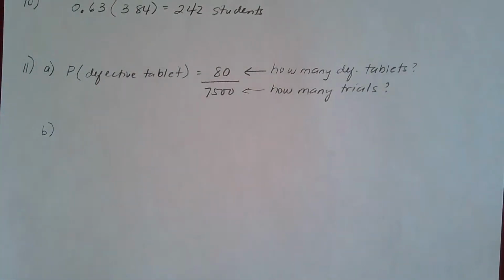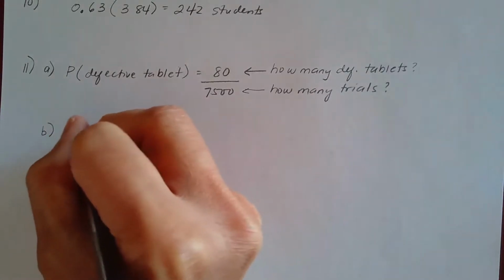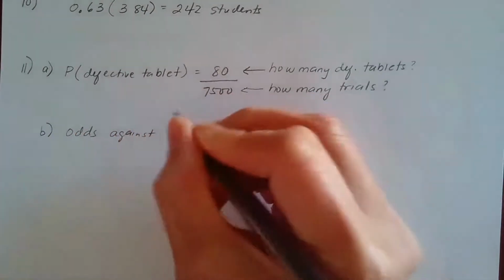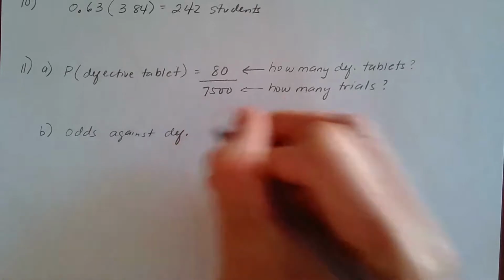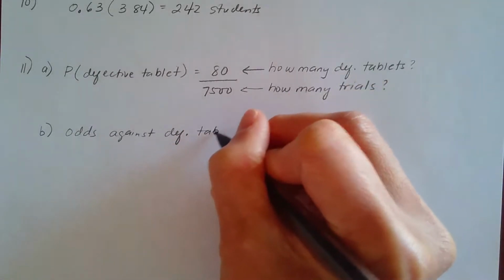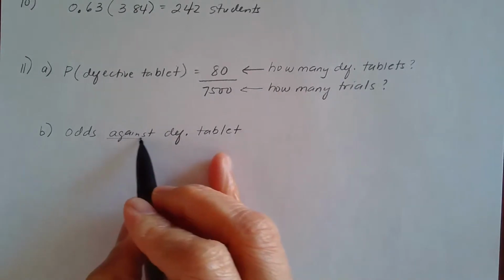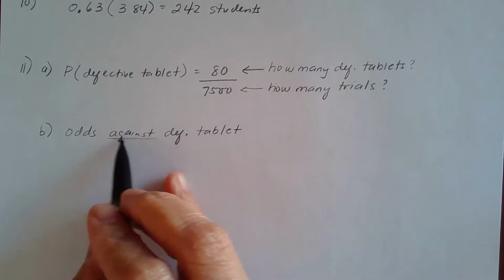Letter B, state the odds against a tablet being defective. Odds against defective, I'll just put that, defective tablet. Now I've got to pay attention in here because it's odds against.